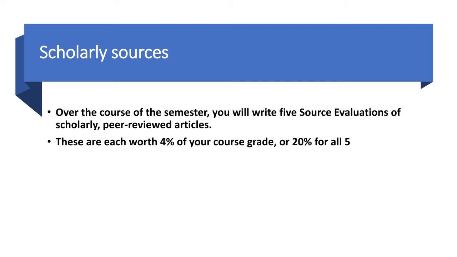Okay, so 5 of them you will use for your source evaluations. These are each worth 4% of your course grade or 20% for all. So pay attention. They are graded rigorously, and you need to cover all of the requirements to get full credit.